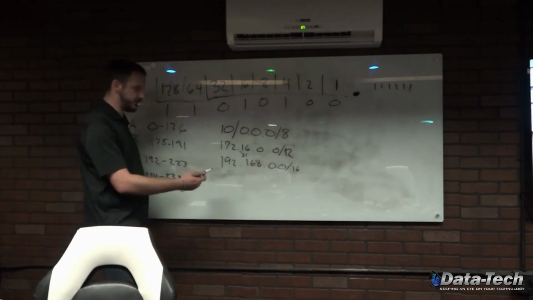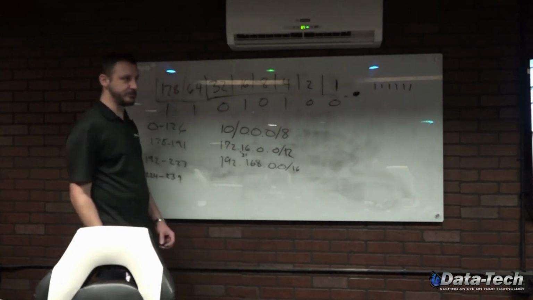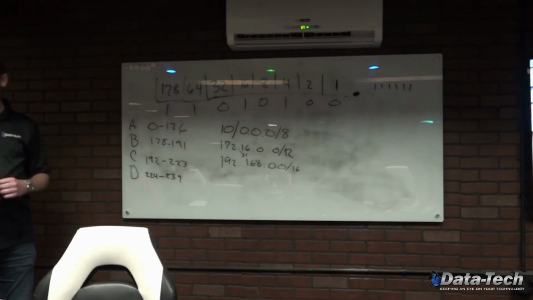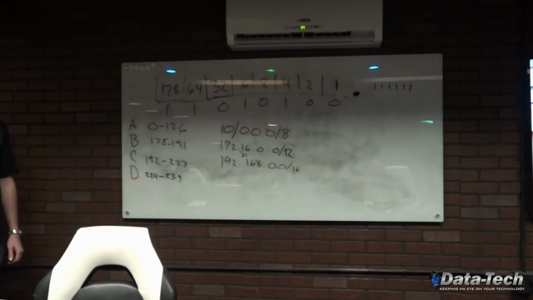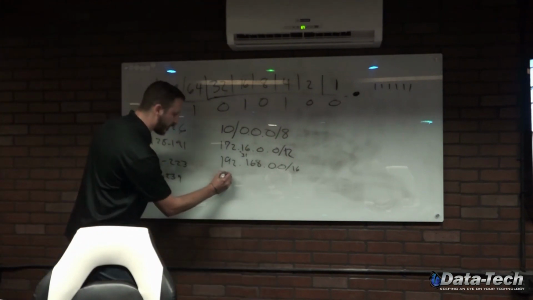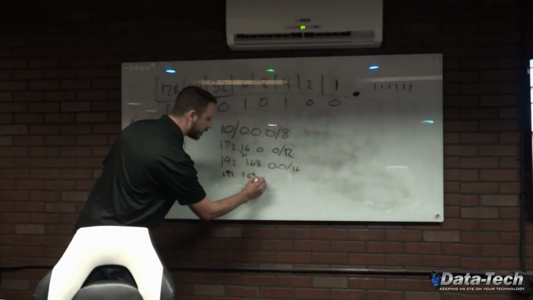But after that, 172.32 is a public address because it exists outside of that /12. And you'll see it in some of our clients' networks, where someone uses something like 191.168.